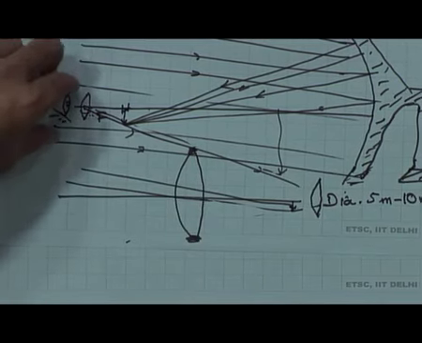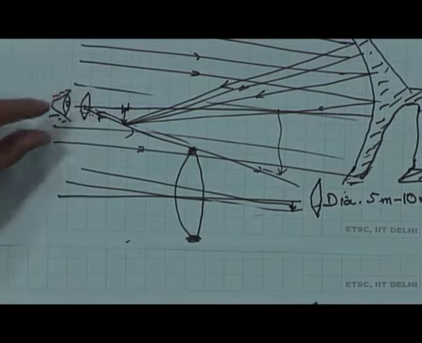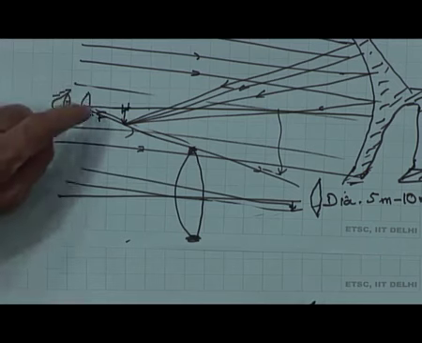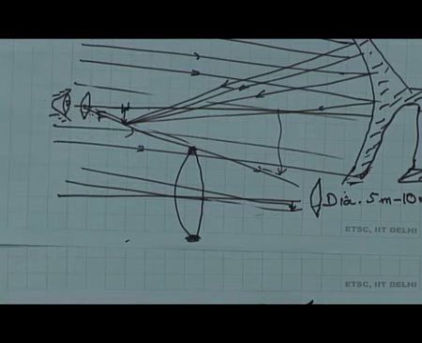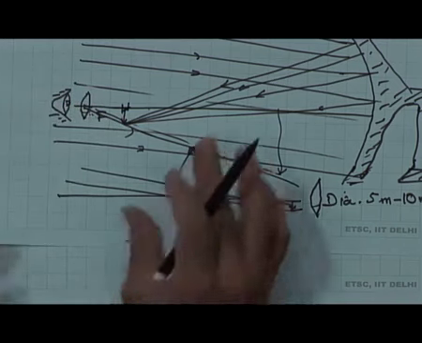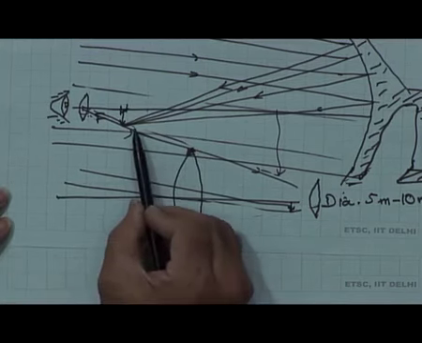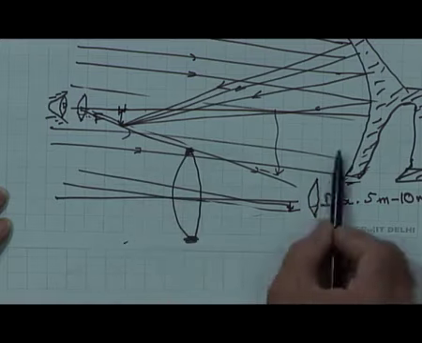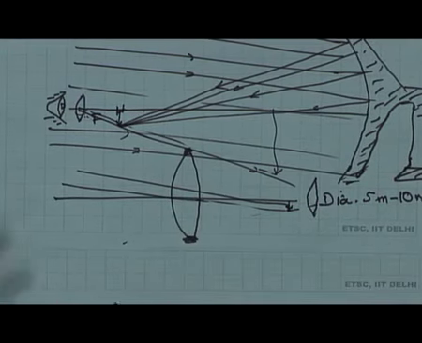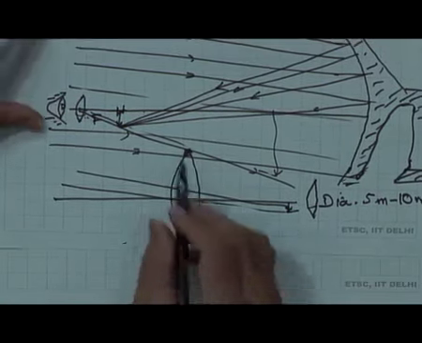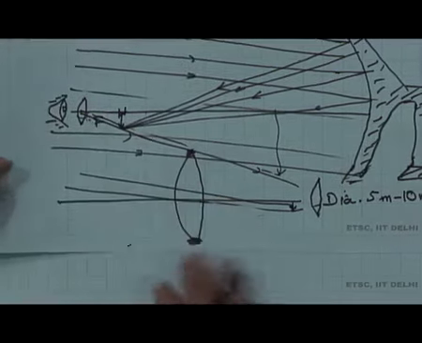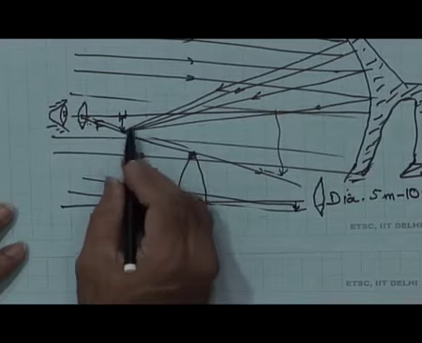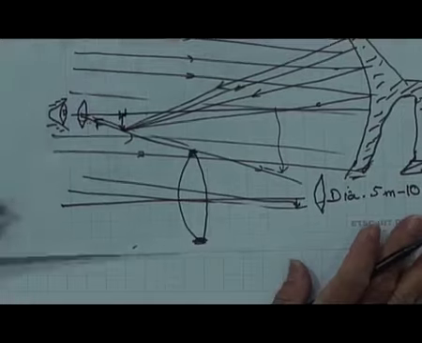So, the observer and the lens are blocking part of the light which is incident on the mirror. However, it is possible to have some other configurations wherein the image can be formed in the forward direction.